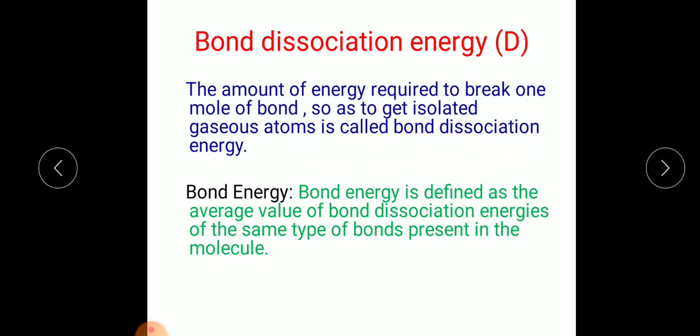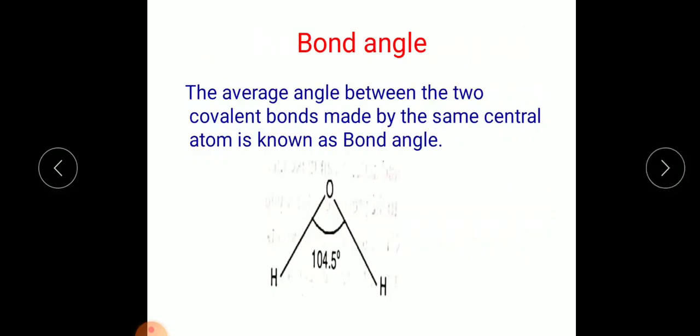And bond energy is defined as the average value of bond dissociation energies of the same type of bond present in the molecule.